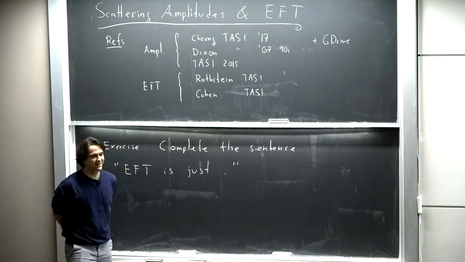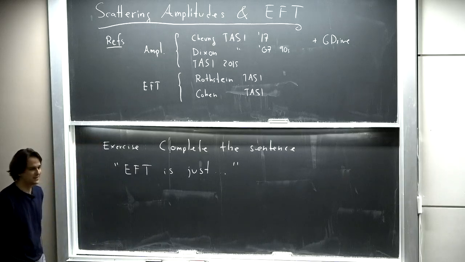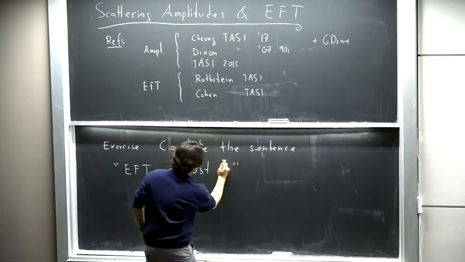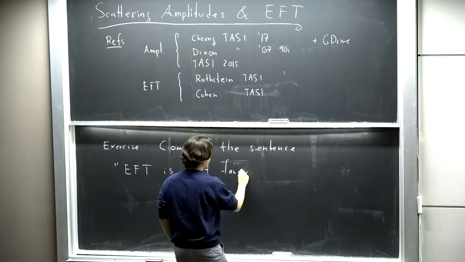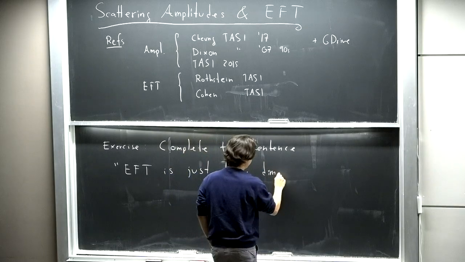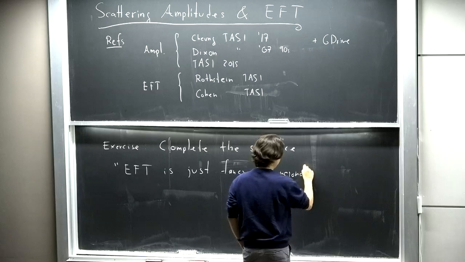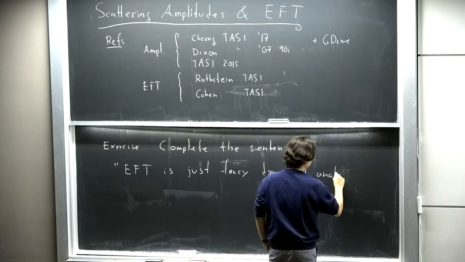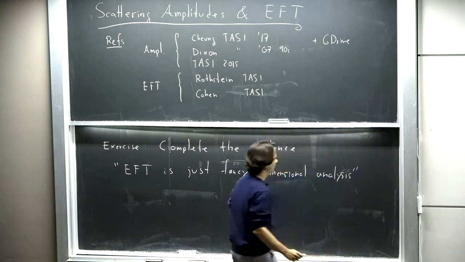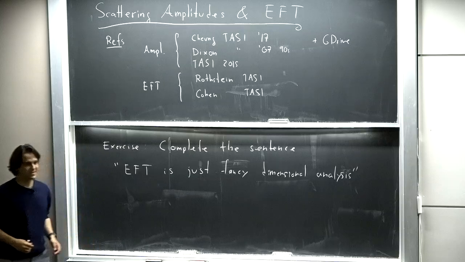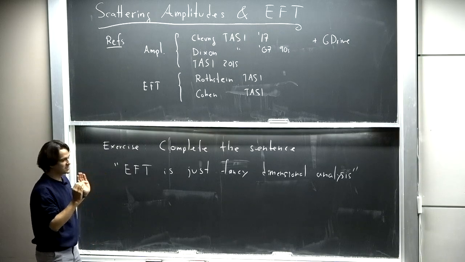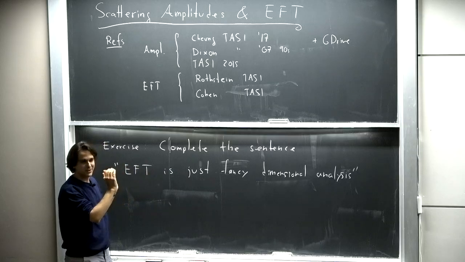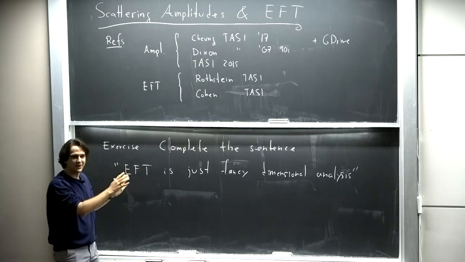Okay, let me give the definition that I will try to advocate in these lectures. EFT is just fancy dimensional analysis. Or also dimensional analysis on steroids or something like that. And I'll try to explain in which sense this is actually true and also somehow deep.